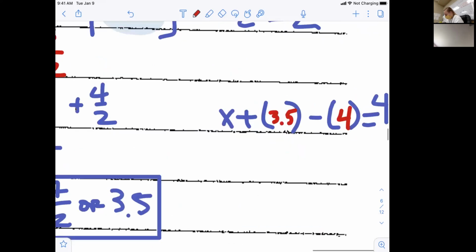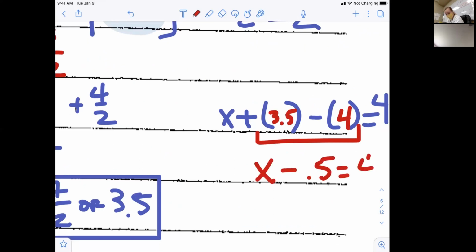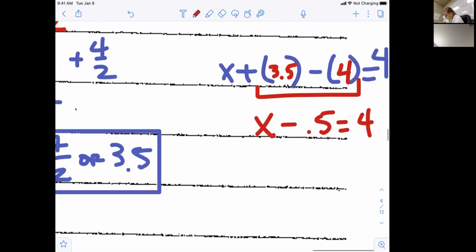Okay. I'm going to add 3.5 and negative 4 over here. So X minus 0.5 equals 4. Add 0.5 to both sides.